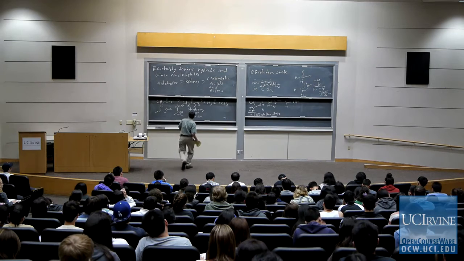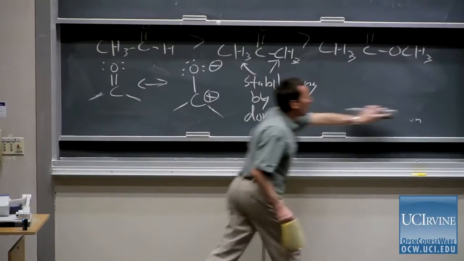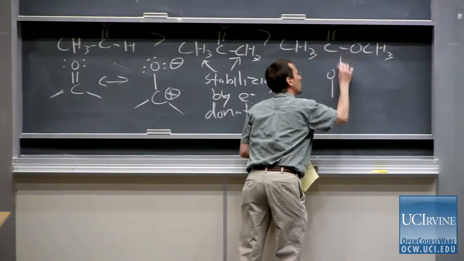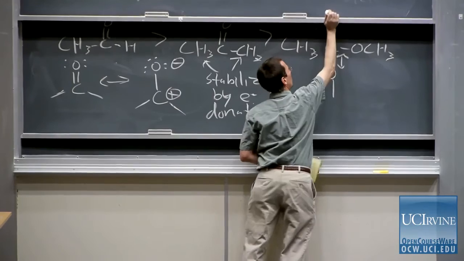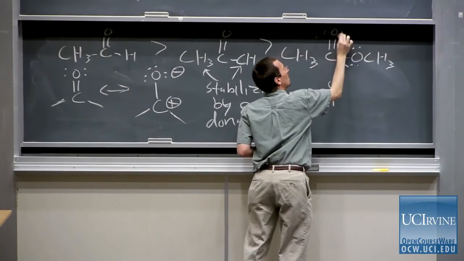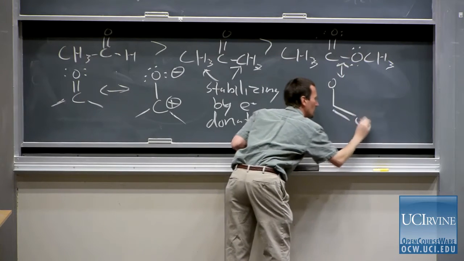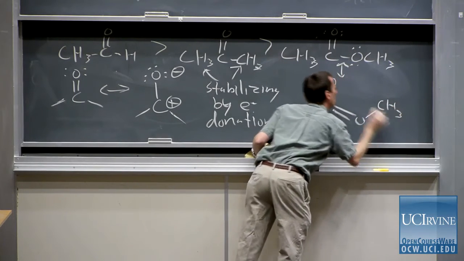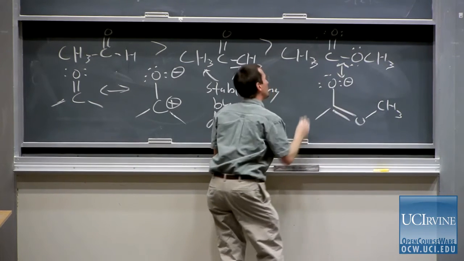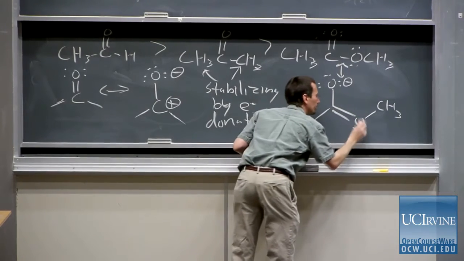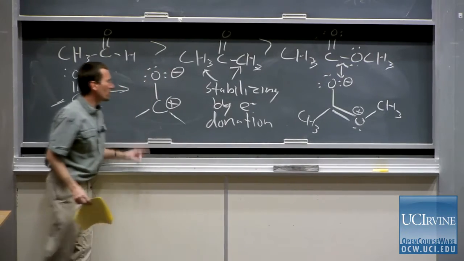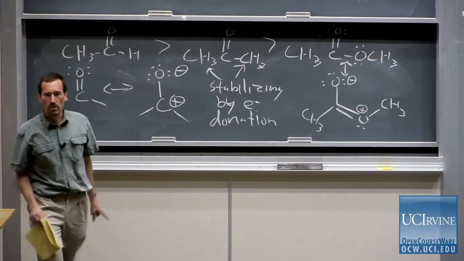In the case of an ester, you get a little bit of extra stabilization because you can write a second resonance structure, and I'll go ahead and complete my lone pairs here. You can write a second resonance structure like so that provides an extra special stabilization of your positive charge on the carbon. So you get one additional resonance structure.